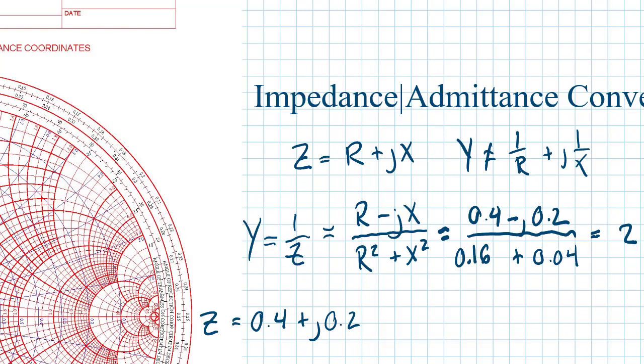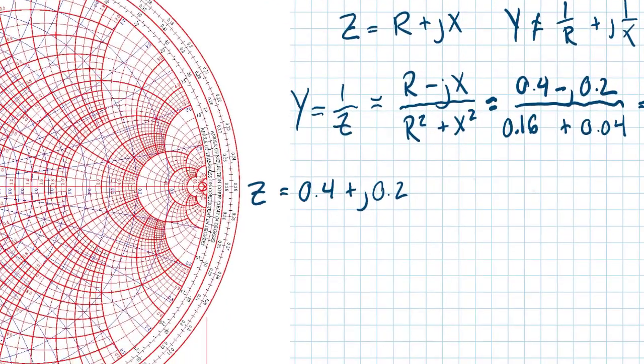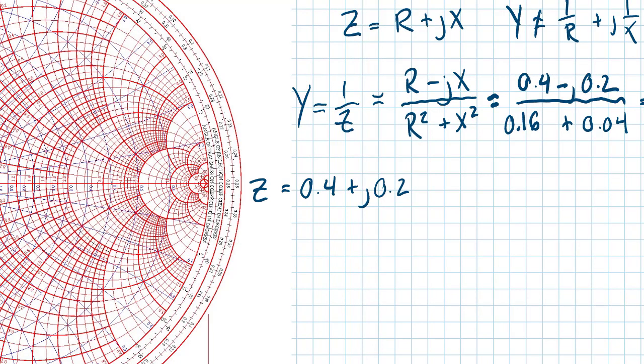Okay, and so another thing we can do graphically is look at what happens if we take the reciprocals individually and where that puts us on the chart.